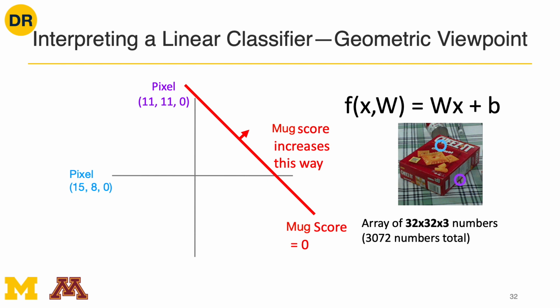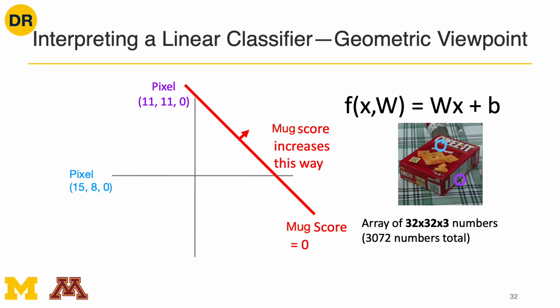In contrast, if the image within this space moves perpendicular to this level set, the score that our model is predicting is going to increase linearly. That's the result of our linear function.